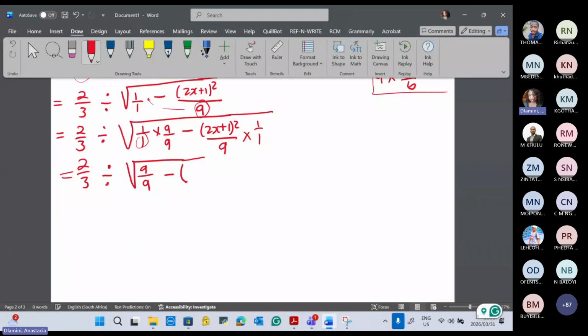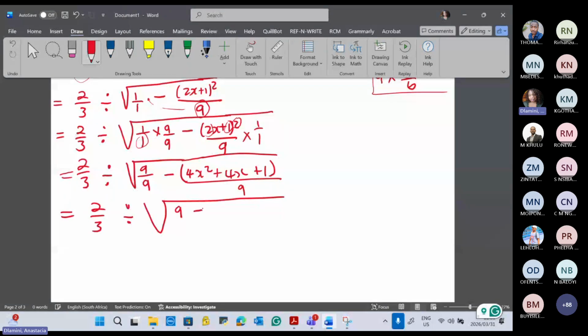It's 4x squared, then we say 2 times 1 times 2x, that is plus 4x, then we square the last term, which is plus 1. Then this is over 9. So then this is equal to 2 over 3 divided by the square root of 9 minus 4x squared minus 4x minus 1 over 9.